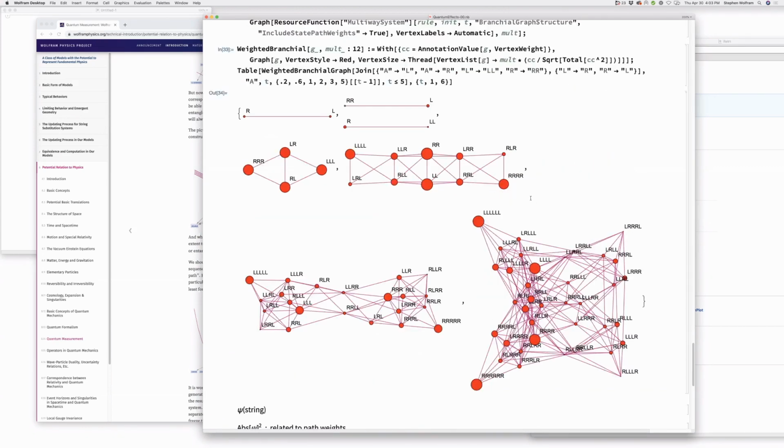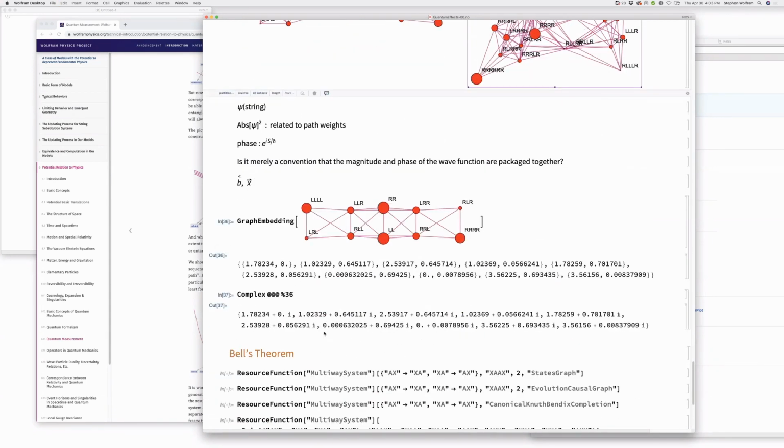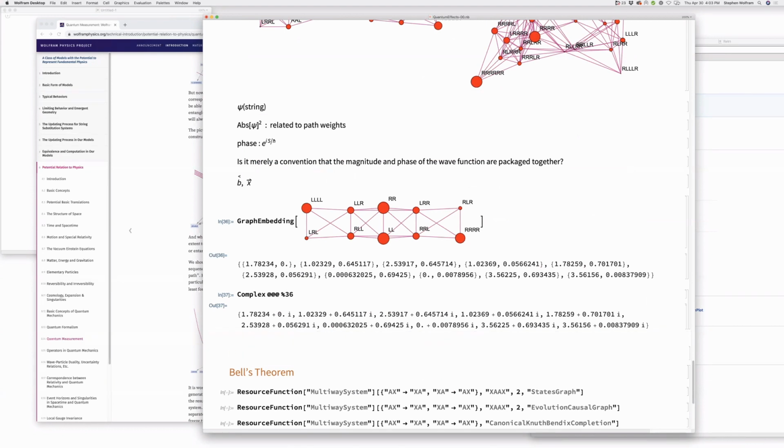Let's take a look. We can do it. Okay, so let's take this branchial graph. Are these graphs? Yes, they are. Let's take that branchial graph, for example, and let's say filtering for fixed length.